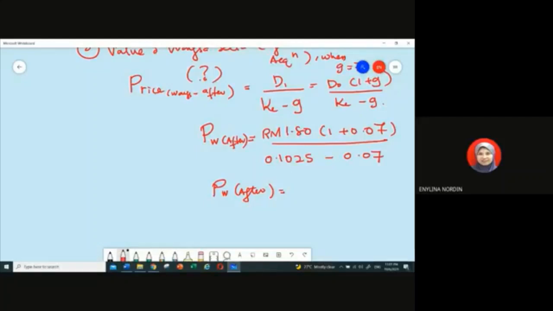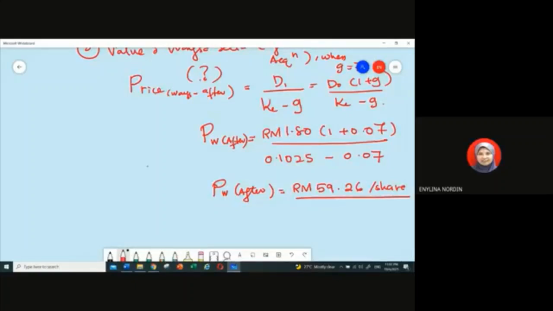Then you will get this time the price becomes 59 ringgit. It has many decimal places, so I just take 2 decimal places: 59 ringgit and 26 cents per share. So this is the price of Wangsa Setia after the acquisition.